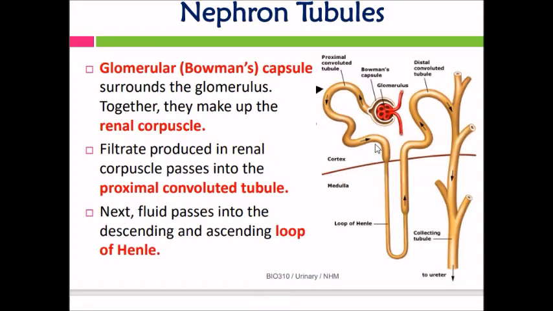The filtrate that is produced in the renal corpuscle will pass through the proximal convoluted tubule, and then go to the descending and ascending loop of Henle. Why is it called descending? This part, which goes downwards, is known as the descending loop. Meanwhile, the part that goes upwards is known as the ascending loop of Henle.